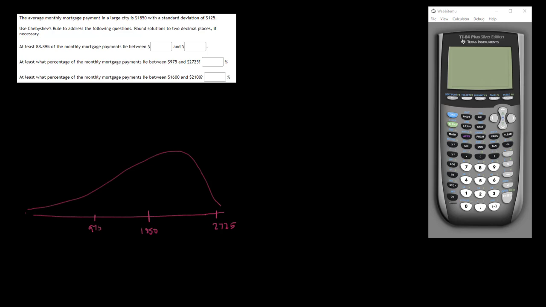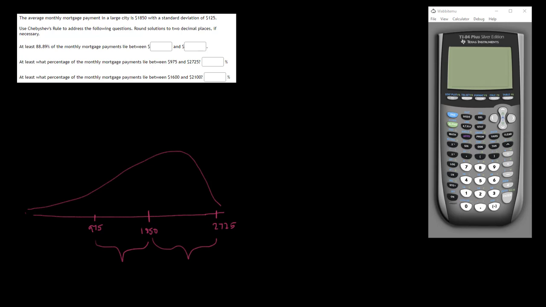In the way I set this problem up, these two numbers should be equidistant from 1850. That is, this distance right here should be the same as this distance right here. Now, the question is, how many standard deviations are we talking about?